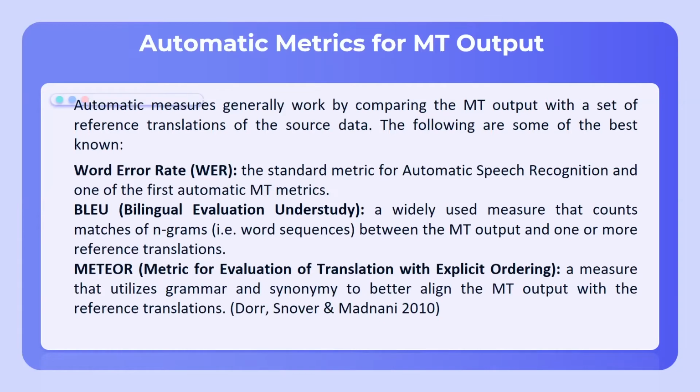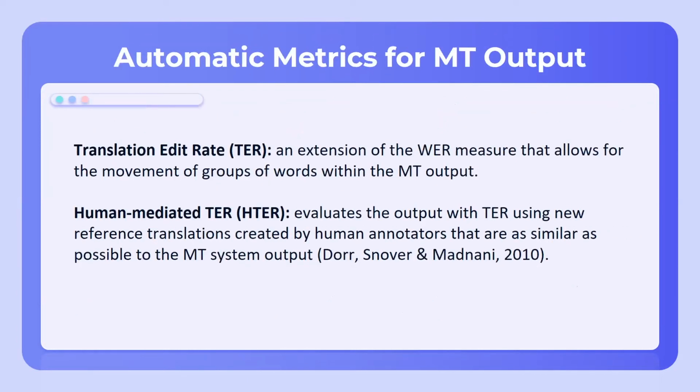A third is METEOR, which stands for Metric for Evaluation of Translation with Explicit Ordering. It is a measure that utilizes grammar and synonymy to align the MT output with the reference translations. TER is translation edit rate.